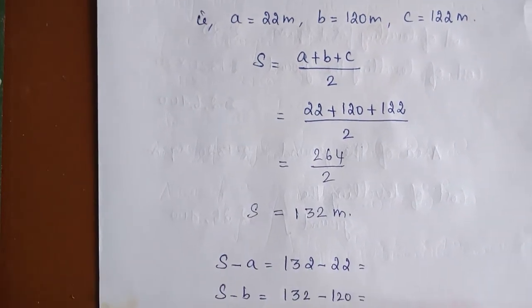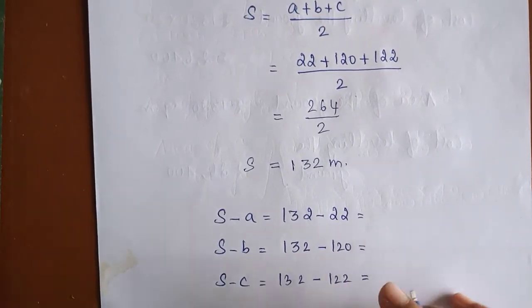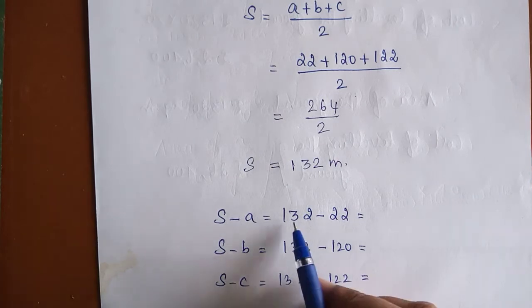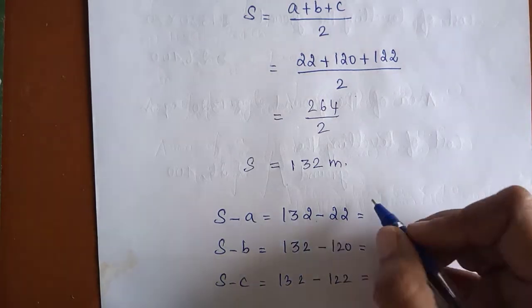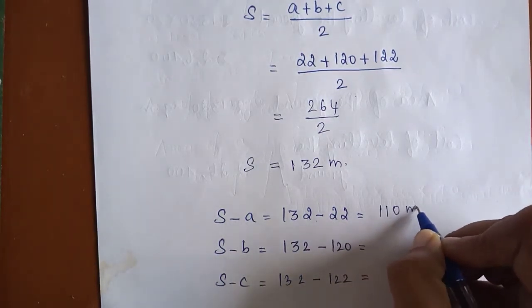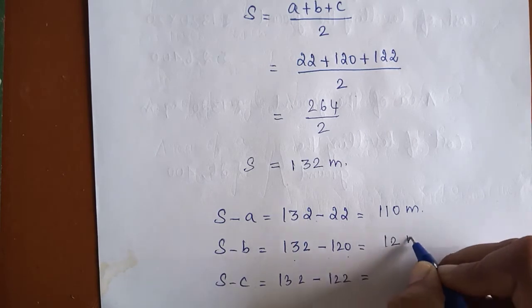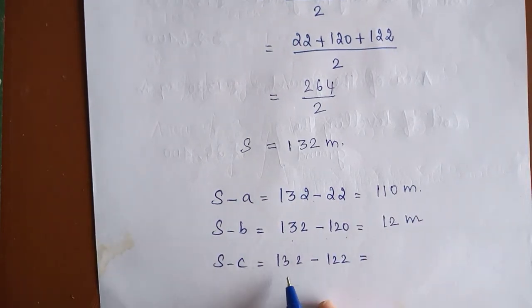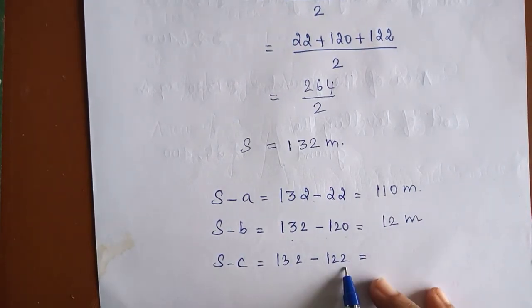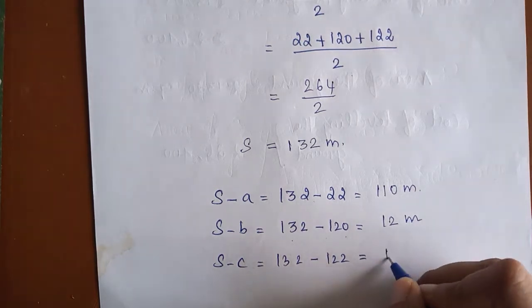So next you have to find the value of S minus A, S minus B and S minus C. So 132 minus 22 is 110 meter, and S minus B is 132 minus 120 is 12 meter, and S minus C is 132 minus 122 is 10 meter.